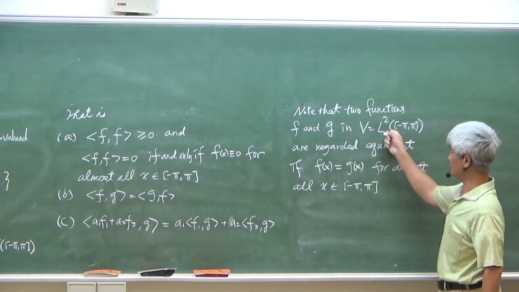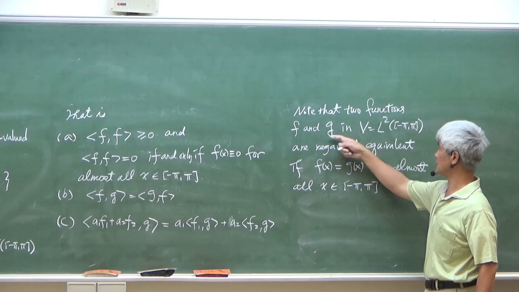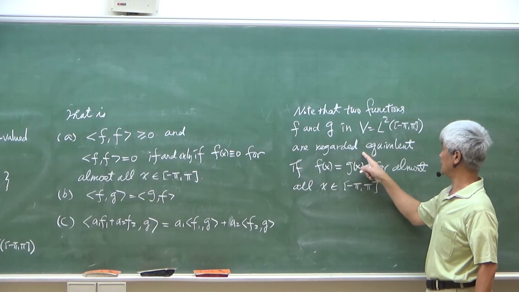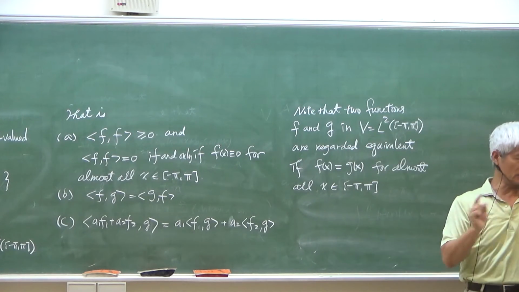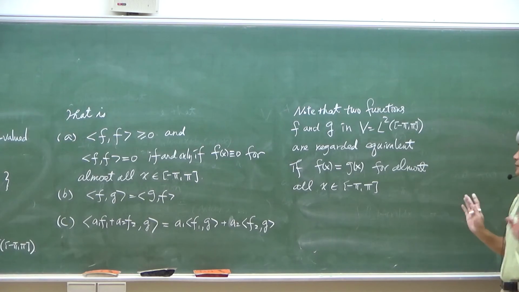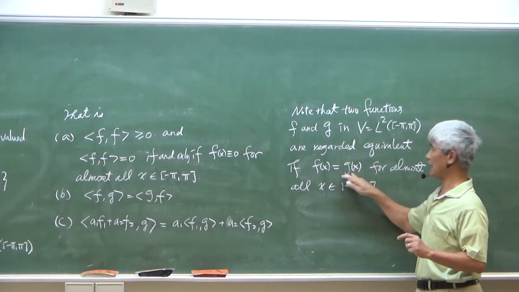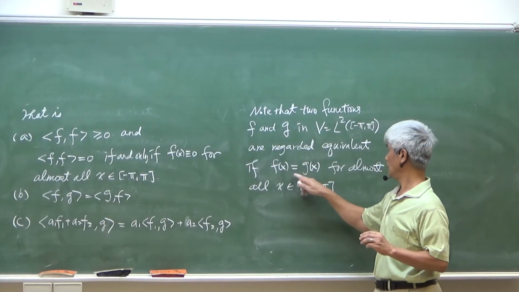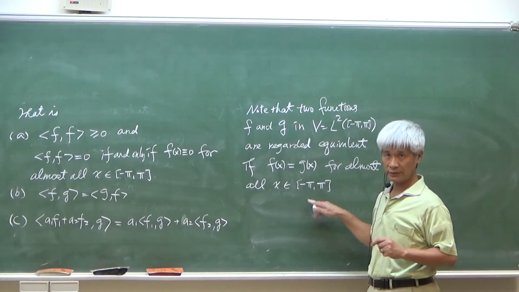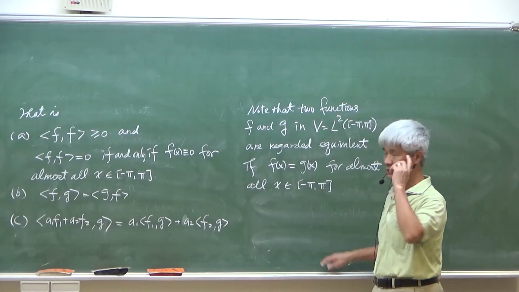So in this vector space, two functions are regarded as equivalent if they are equal for almost all points in this interval. So they are identical.